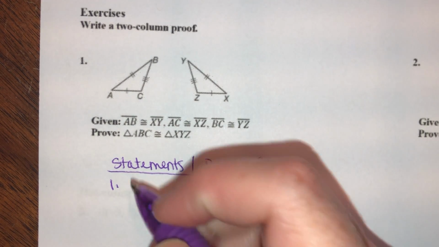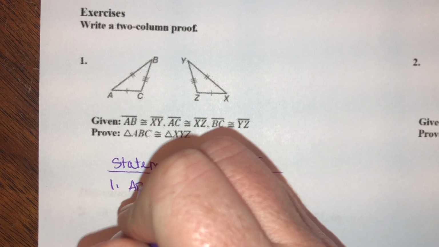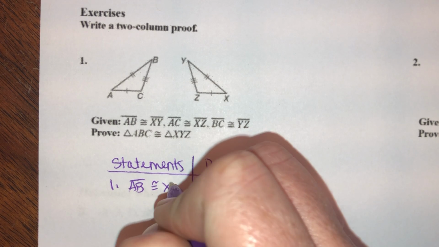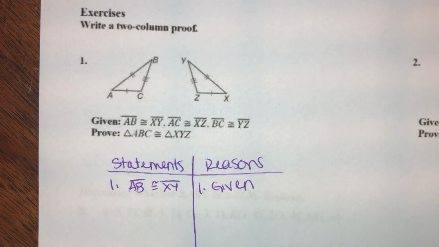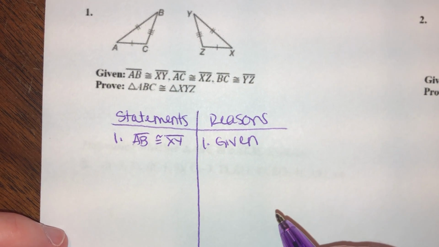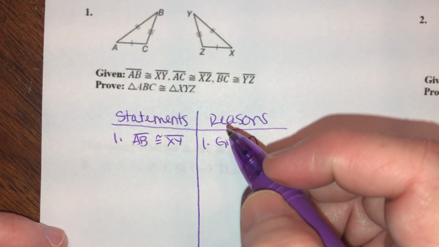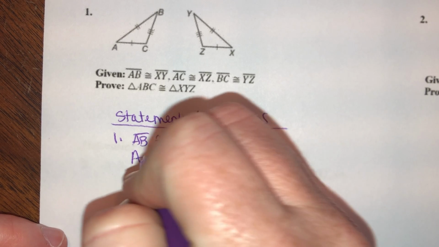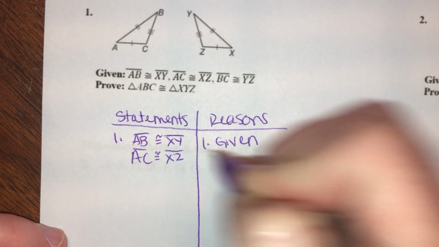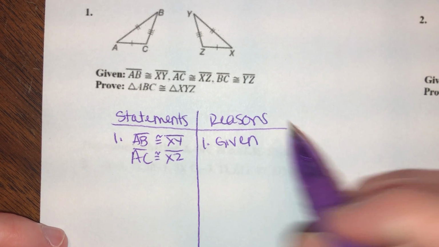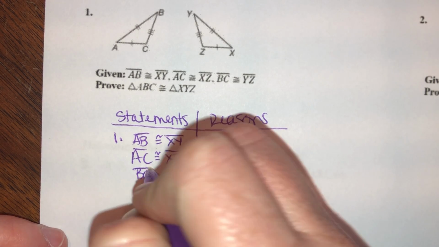Number 1, AB is congruent to XY. Number 1 is given. I'm just going to put all mine in number 1. You could separate it into 3 lines if you want. I don't want to. AC is congruent to XZ. And BC is congruent to YZ.